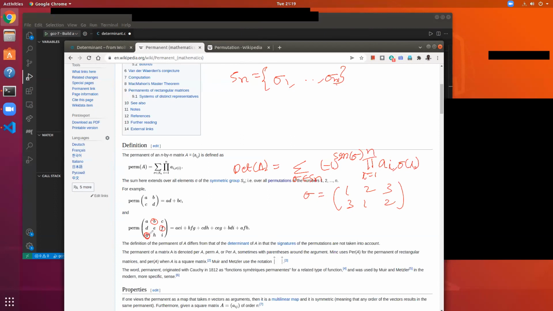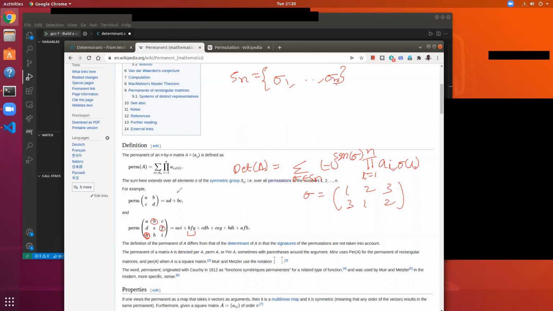You multiply them, G times B times F. This is the term contributed by this permutation to the summation.